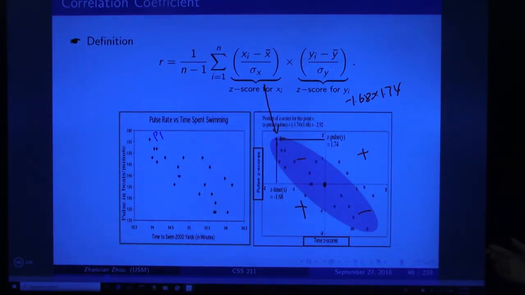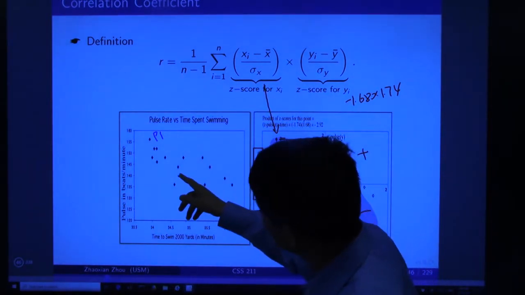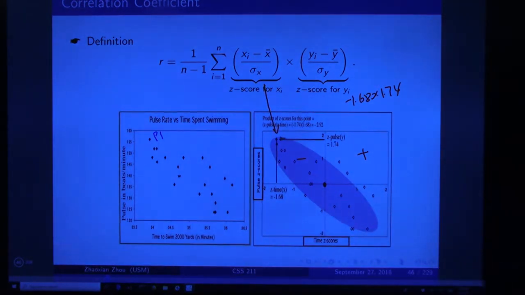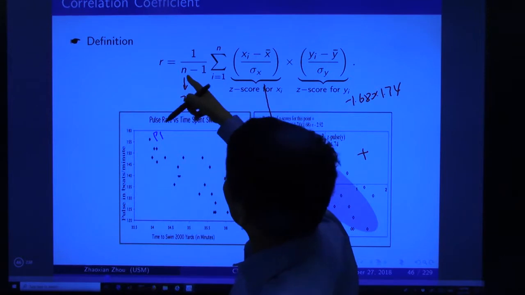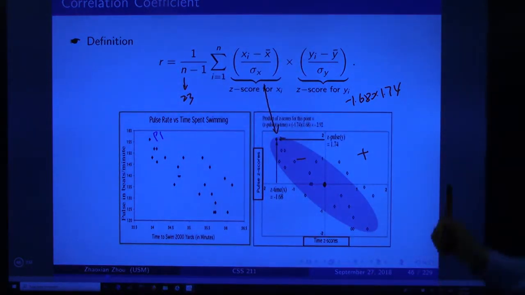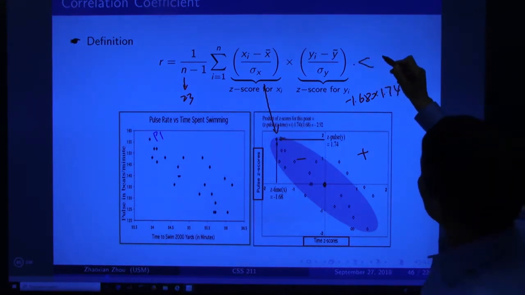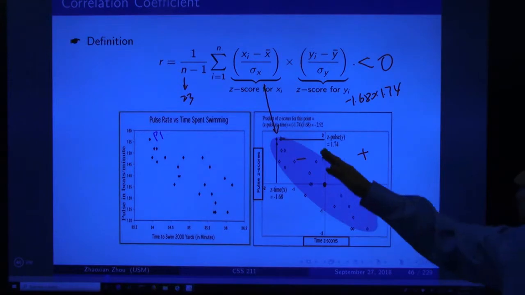Let me see how many points: 1, 2, 3, 4, 5, 6, 7, 8, 9, 10, 1, 2, 3, so maybe 23. So n equals 23, then n minus 1 equals 22. A negative number divided by 22 is still a negative number in this example. That means the correlation coefficient will be negative.